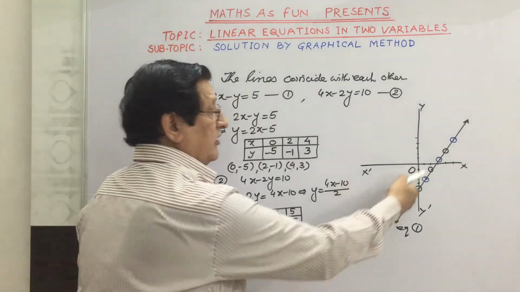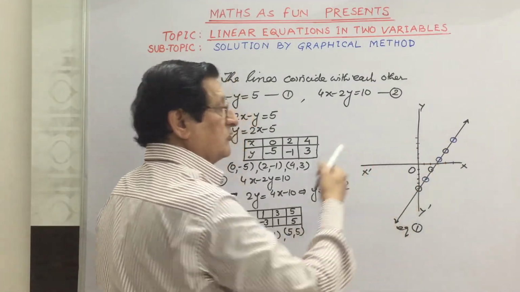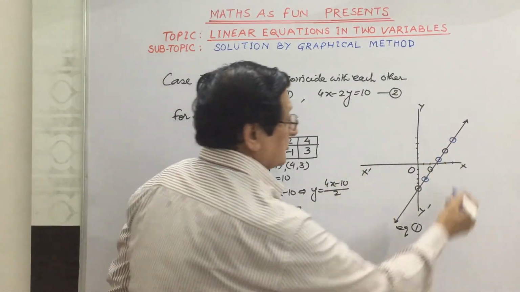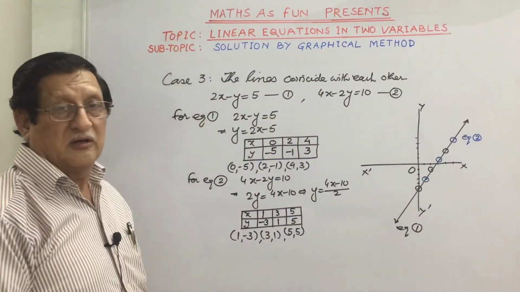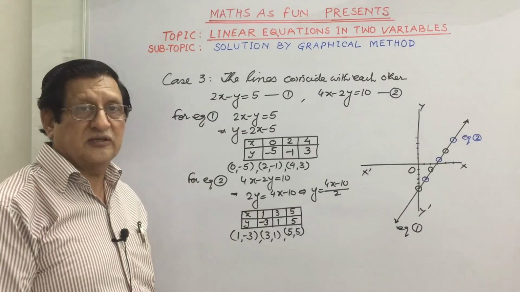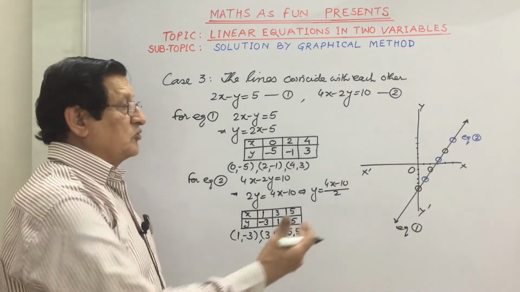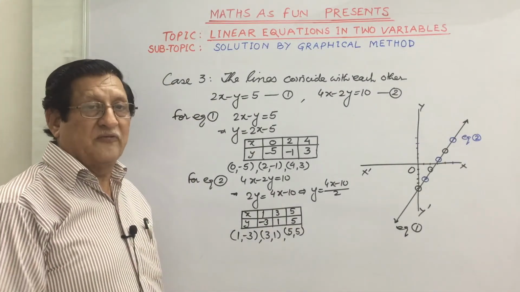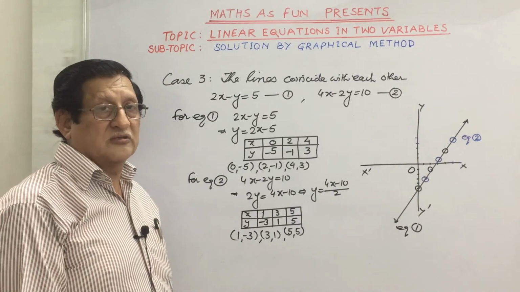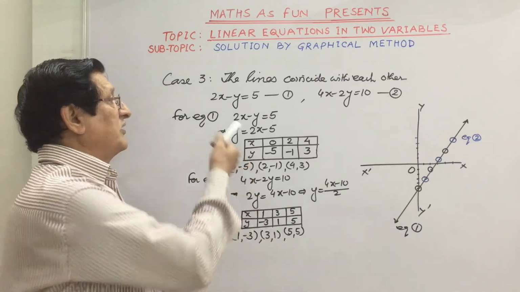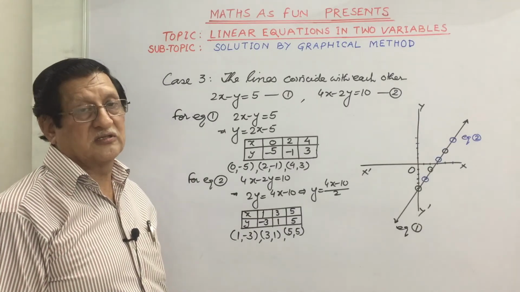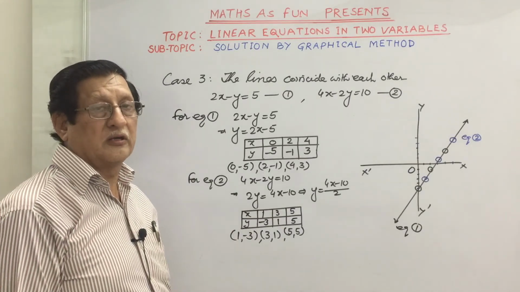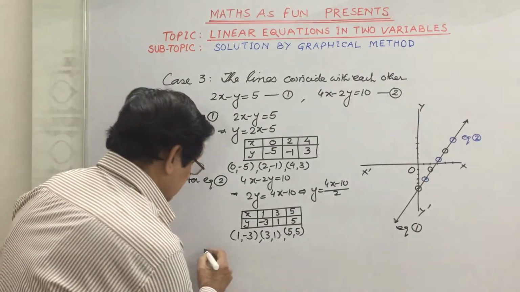So what we find, all these points are also lying on the same line. It means this is also the line for equation number 2. And hence we can say the lines coincide. When the lines coincide, it means every value of x and y satisfying the first will also satisfy the second one. And hence we can say that there are infinitely many solutions.